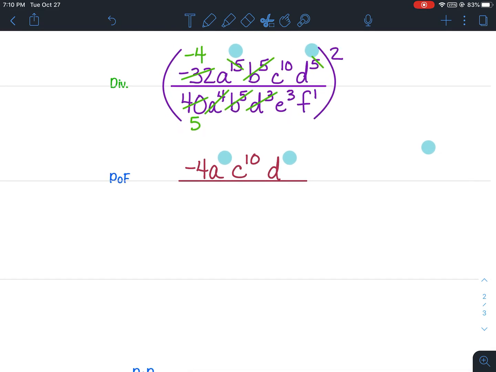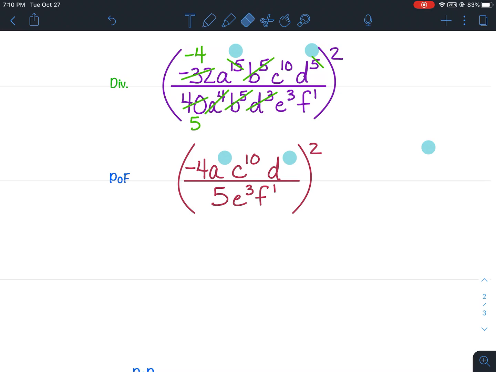And then on the bottom, I have 5, E to the third and F to the first. And I still have my parentheses. And then don't forget your exponent 2.